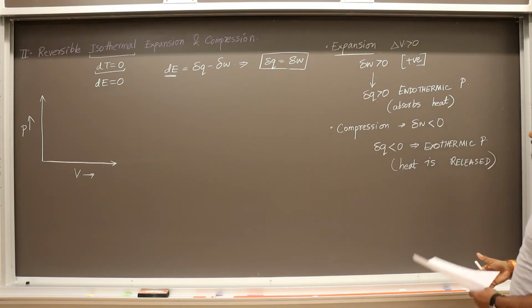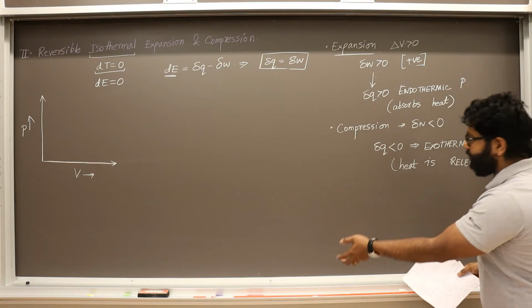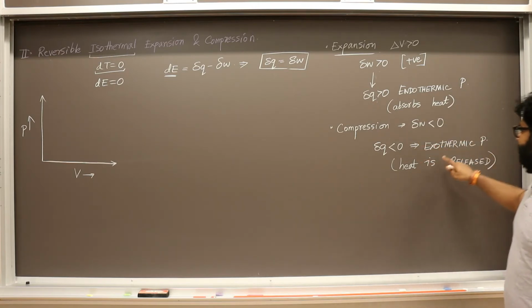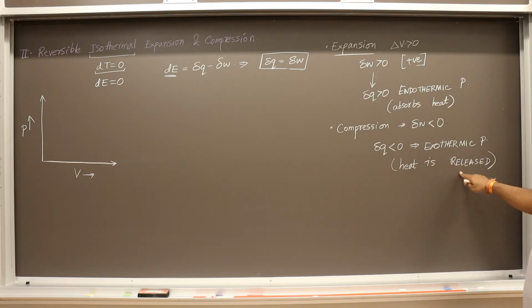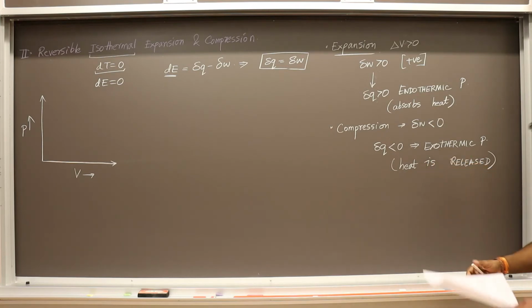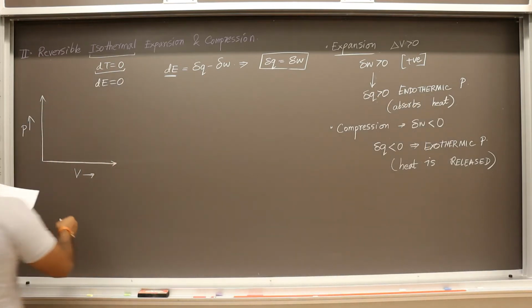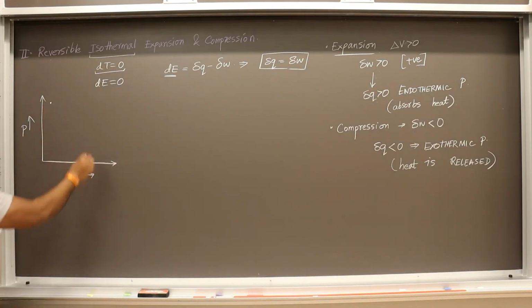So there's a relationship here: whenever you expand, it absorbs heat, and whenever you compress, heat is released and you have an exothermic process. Okay? Now, based on this, let's find out with the help of a PV diagram what happens.